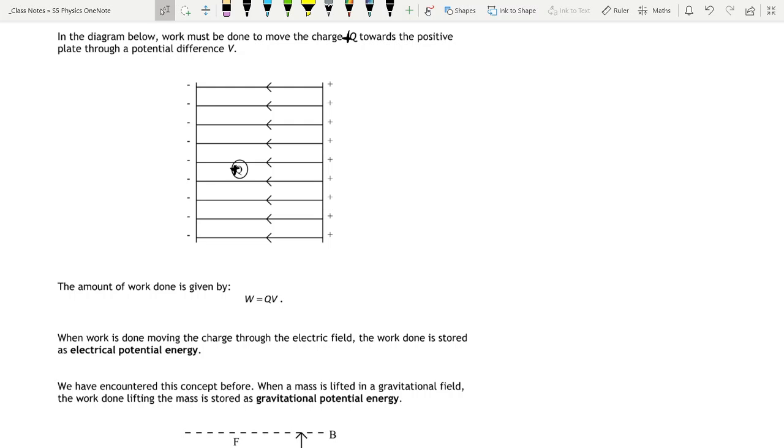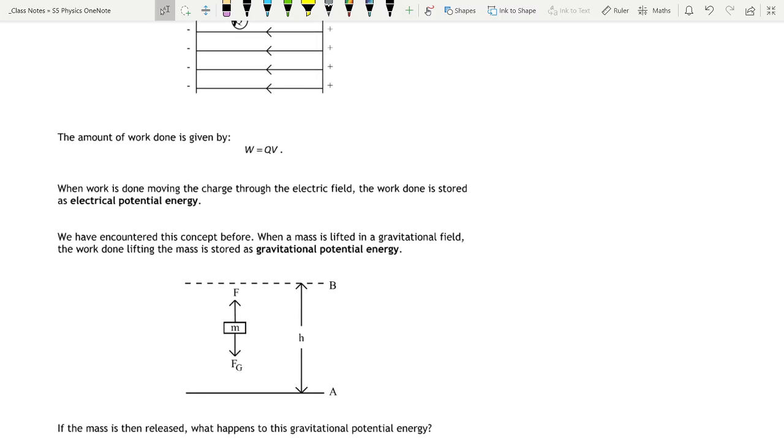Okay, it's got that electrical potential energy, it's got the potential to move back. Just like if I've moved this up and I'm holding it there, it's got the potential to drop as soon as I let go of it, hasn't it? It's the same kind of physics, but slightly different equations. Okay, so we've encountered this concept before.